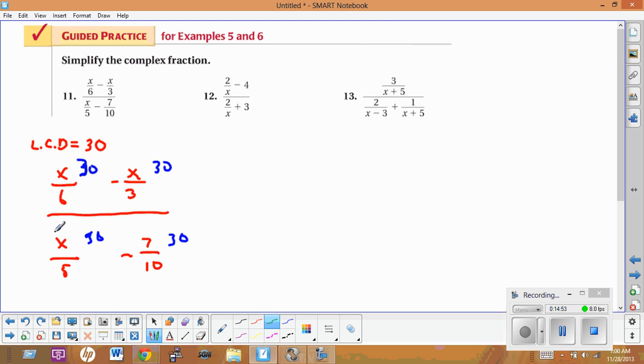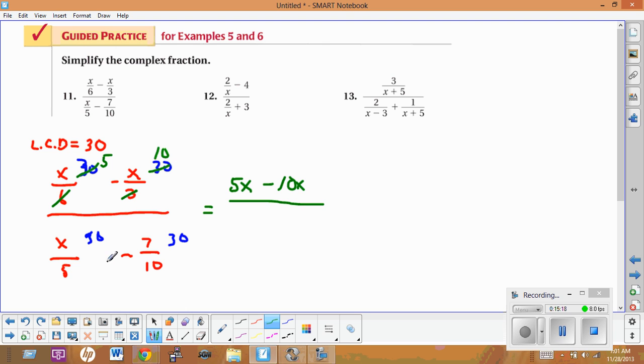Now when I cross cancel, I know 6 goes into 30 5 times. And when I multiply them, I get 5x minus 30, or 3 goes into 30 10 times, multiply them, I get 10x.